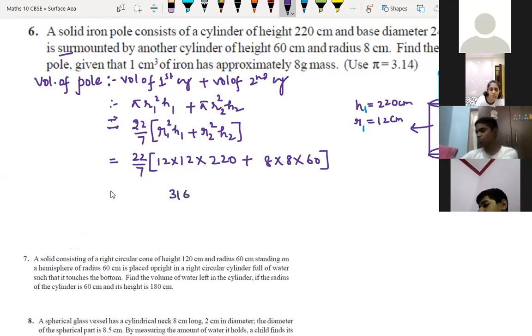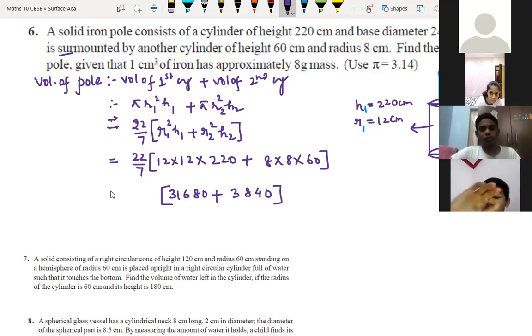So 31680 plus 8 8 is 64, 64 into 60 is 3840. Then you divide by 22 by 7.